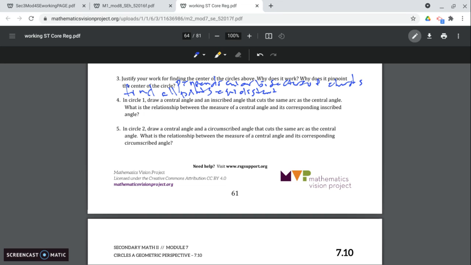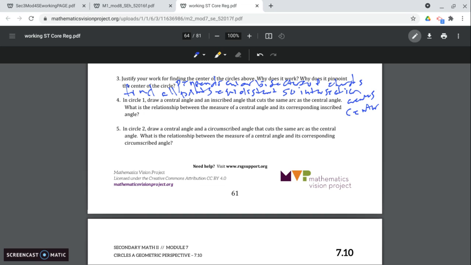So the intersection creates, that's supposed to say creates, goodness, center. He didn't give much space to write here.